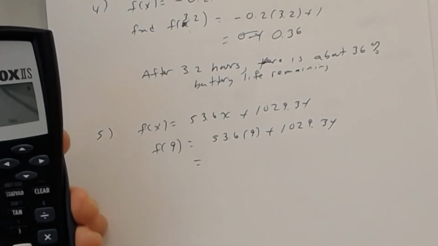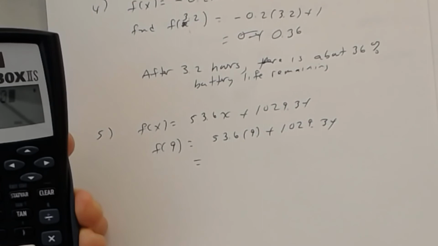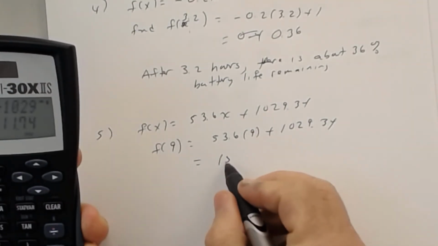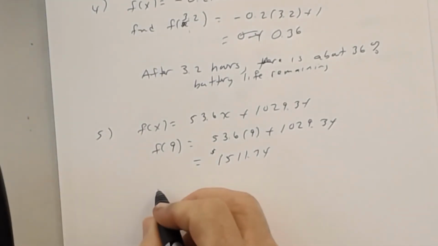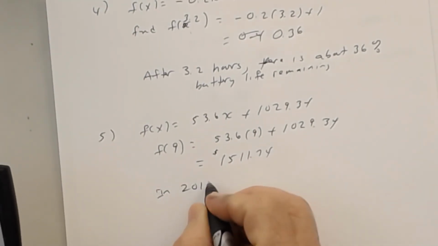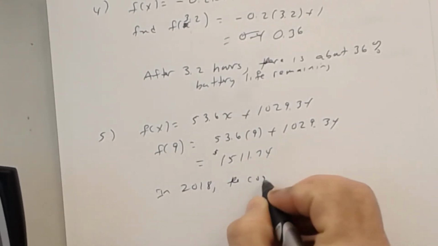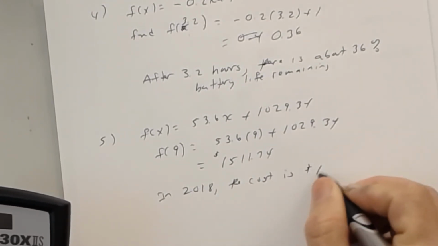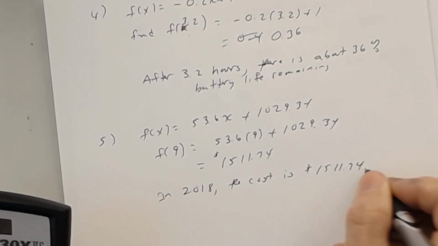So 53.6 times 9 plus 1029.34 is 1511.74. All right, so you would say in 2018, the cost is what? $1,511.74.